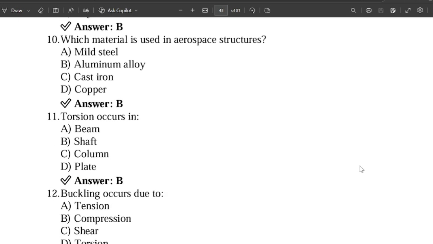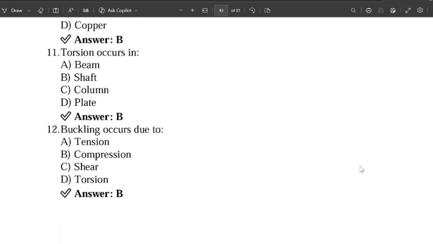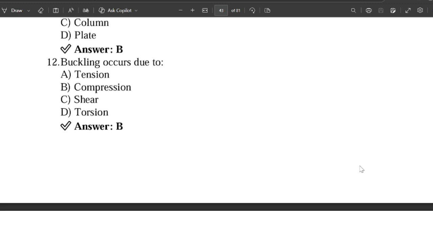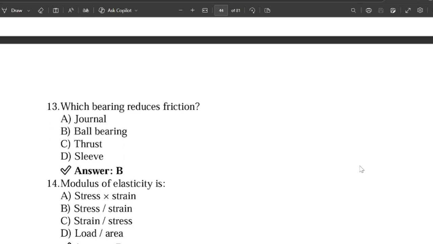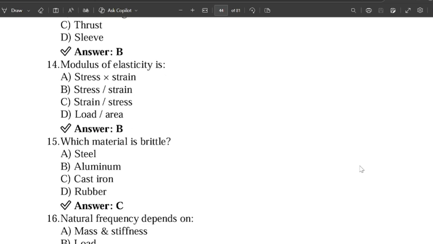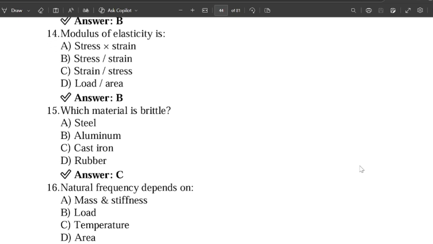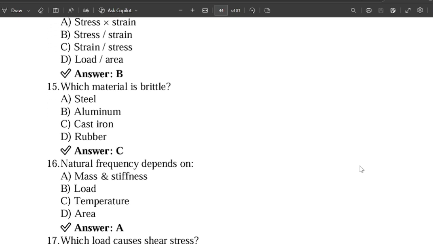Which material is used in aerospace structures? Aluminium alloy. Torsion occurs in a shaft. Buckling occurs due to compression. Which bearing reduces friction? Ball bearing. Modulus of elasticity is stress by strain. Which material is brittle?